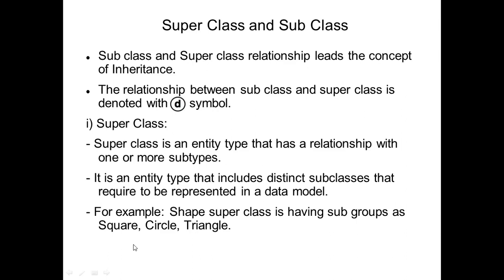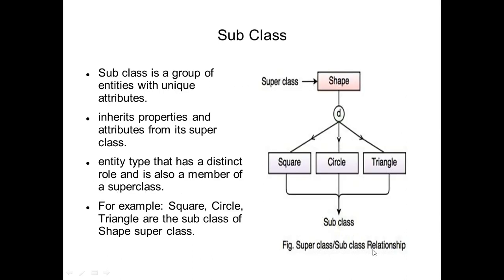For example, see this example. In this case, this shape is the superclass for these three classes or subtypes, that is square, circle and triangle. And this is the representation symbol of the subclass and superclass relationship.